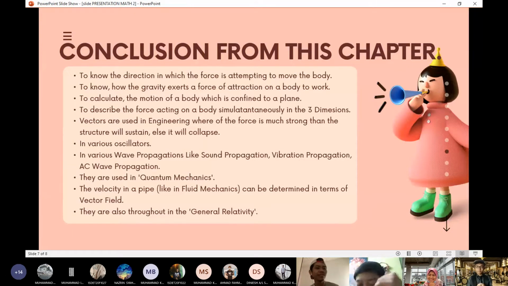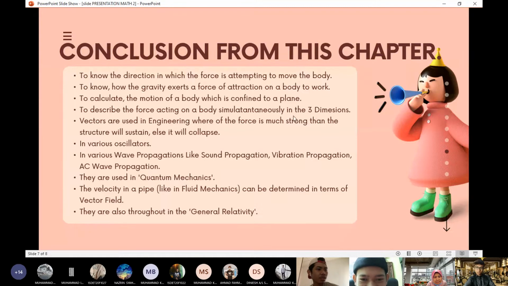So the conclusion from this chapter is to know the direction in which a force is attempting to move a body, to know how gravity exerts a force of attraction on a body, to calculate the motion of a body which is confined to a plane, and to describe the force acting on a body simultaneously in three dimensions.